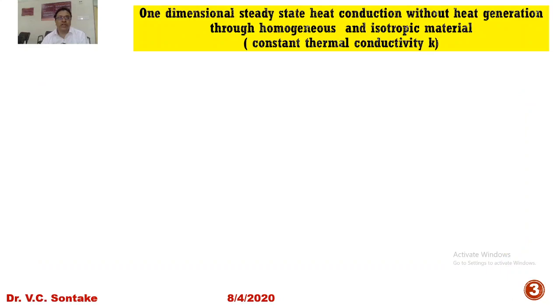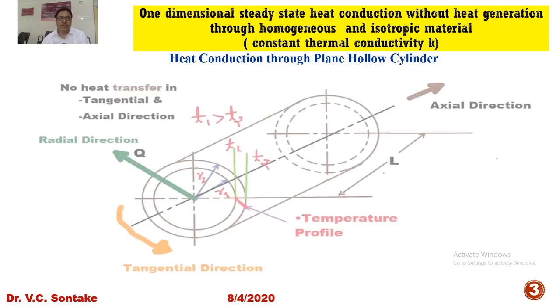This is our umbrella heading: one-dimensional steady-state heat conduction without heat generation through homogeneous and isotropic material having constant thermal conductivity K with respect to temperature. And we are going to discuss heat conduction through a plain hollow cylinder or cylindrical wall under the above mentioned conditions.